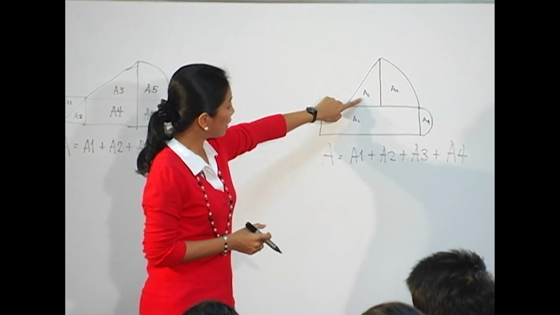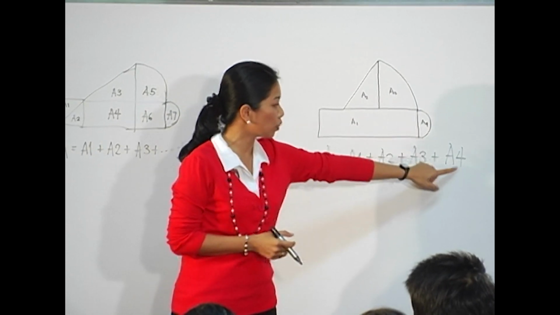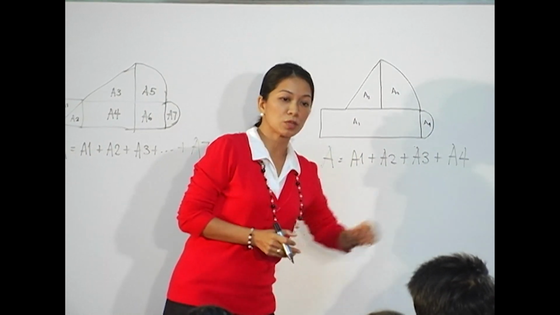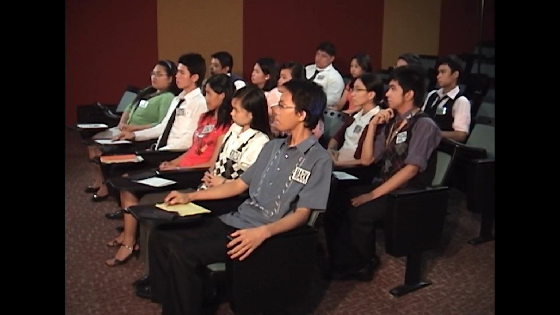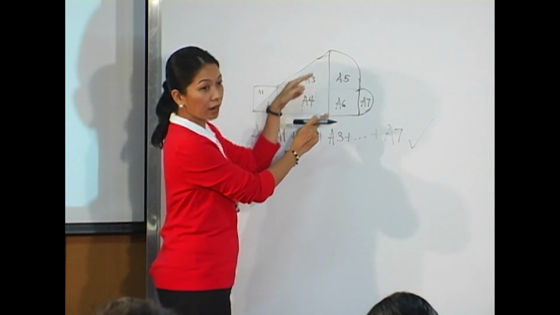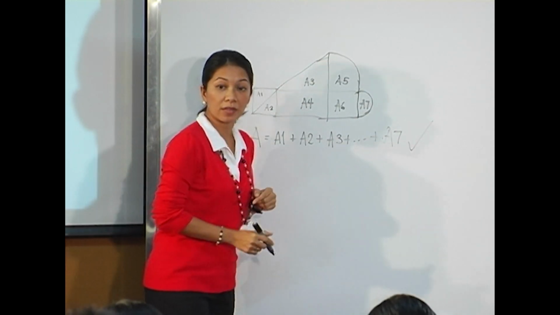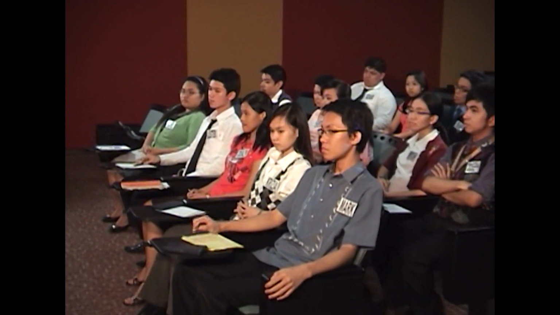A1 is a rectangle, A2 is a triangle, A3 is 1/4 of a circle, A4 is 1/2 of a circle, all of whose respective area formulas you know. Okay? So it's not a problem as long as you can split into familiar shapes, right? And as long as you have an idea what these dimensions are, because then it's just a matter of plugging into the formula. Okay? Now, is it still that friendly for a bit more complicated shapes?